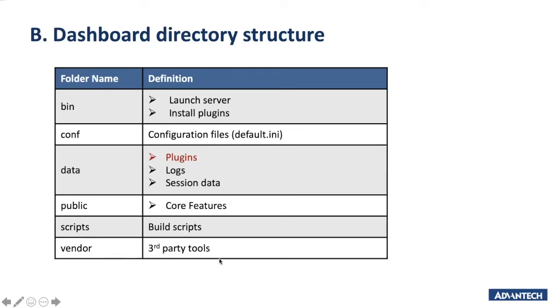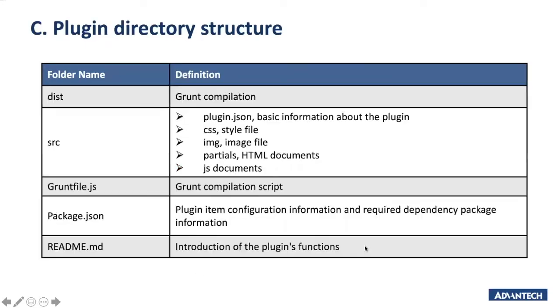It's gonna be located in this folder. And inside the plugin directory structure, basically we have the distribution folder, which is called dist. And you're gonna run your grunt, compile your source code, and all the compiled code will be copied into this folder.